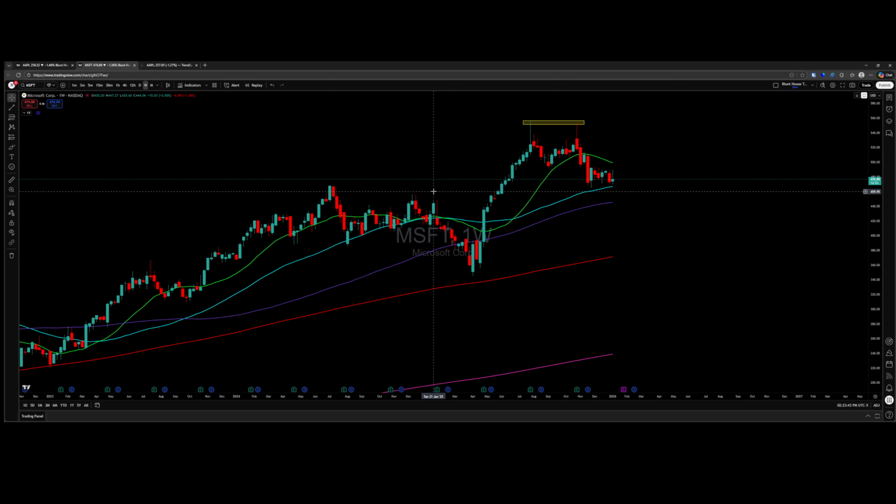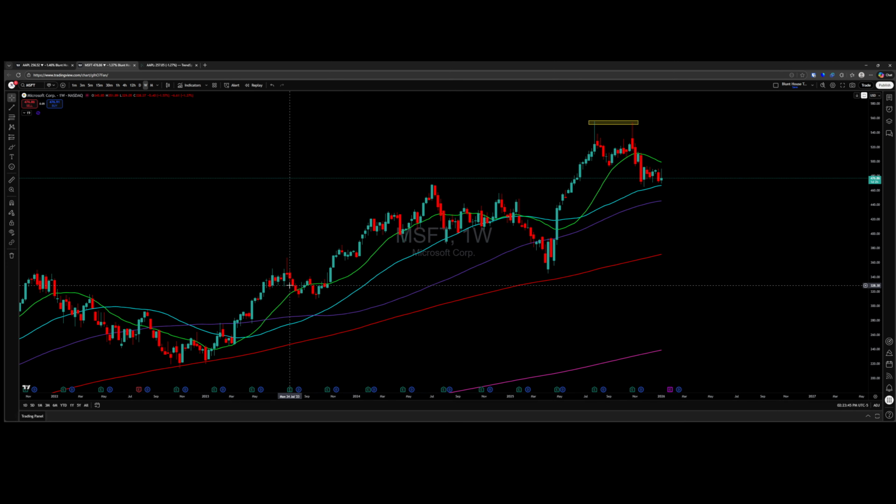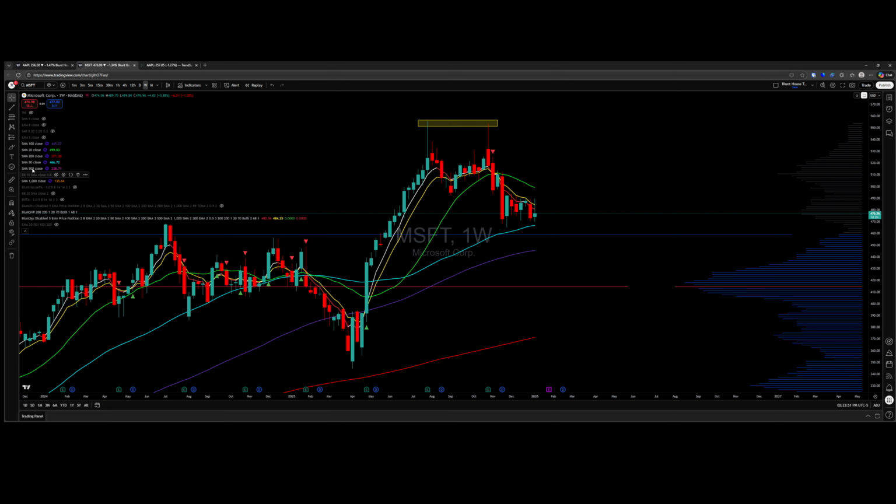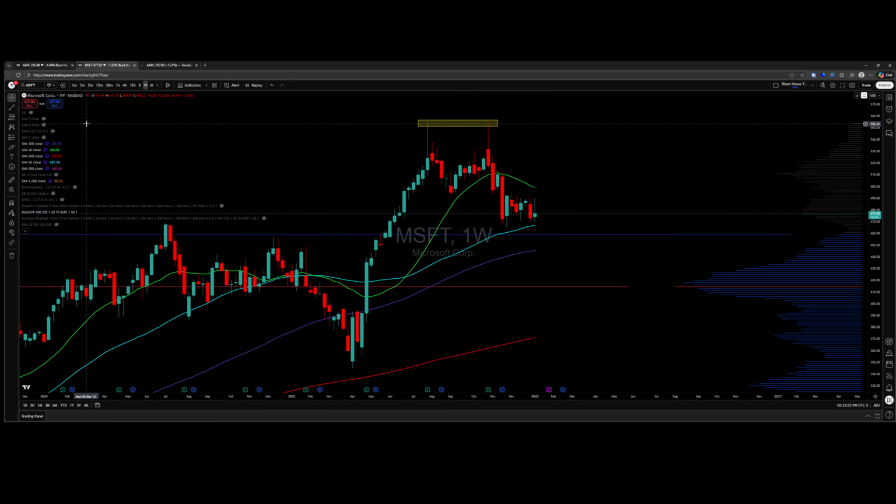Let's look on the weekly. Okay. So we've come all the way back to the 50. If we weren't running this, I would be looking at that chart going, hey, I'm getting support from the 50. Maybe I should buy it. It's holding the 50.